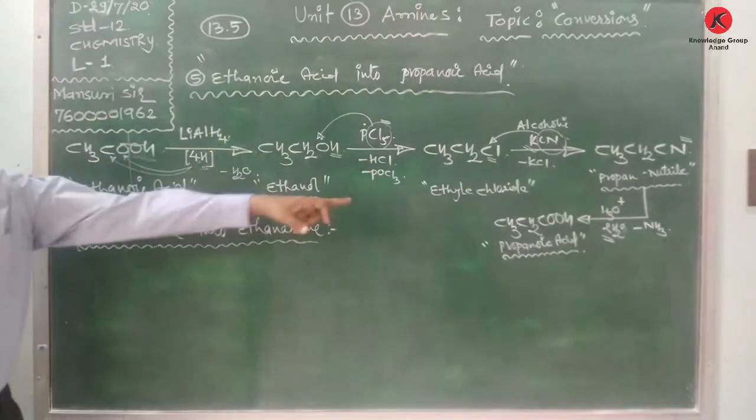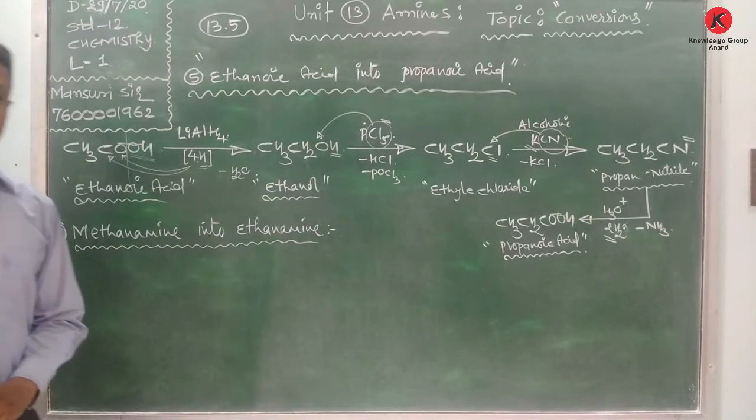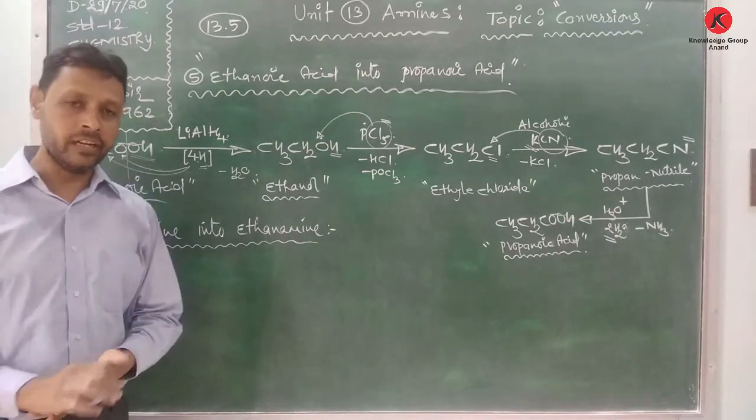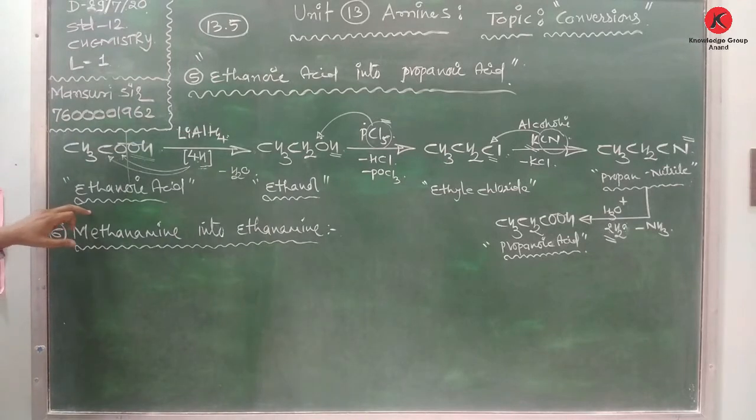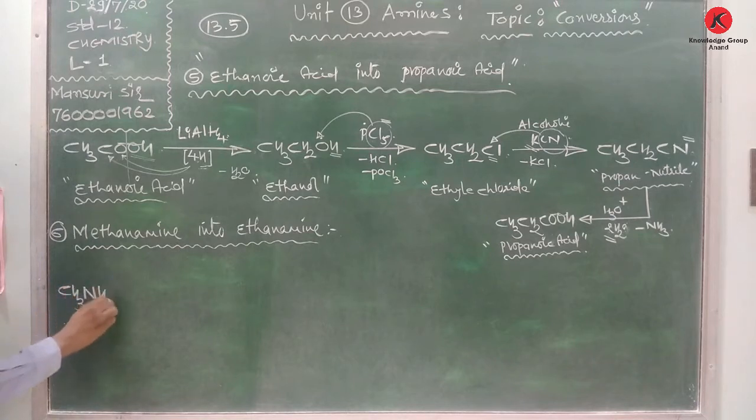So in here, 1 carbon is more in the product, in yield. Okay. Now here methanamine is converted into ethanamine. Now we have methanamine, that means CH3NH2. This is my methanamine.